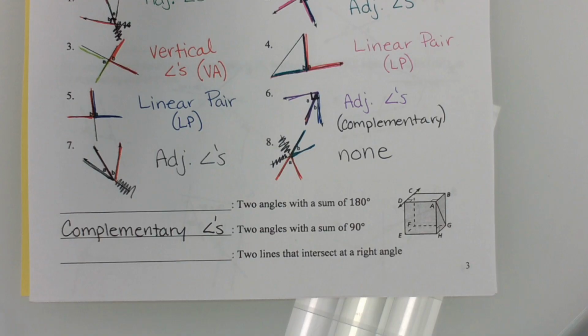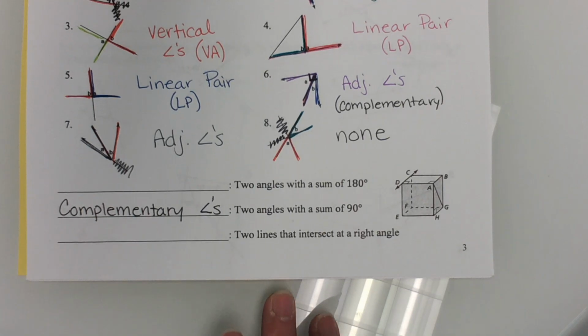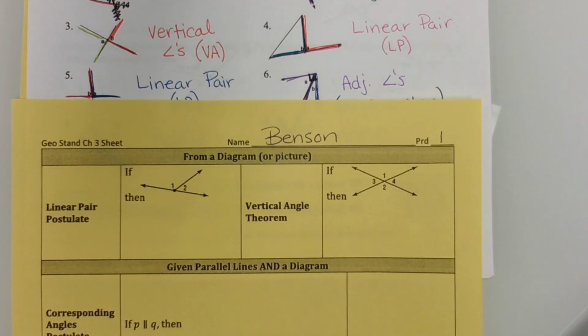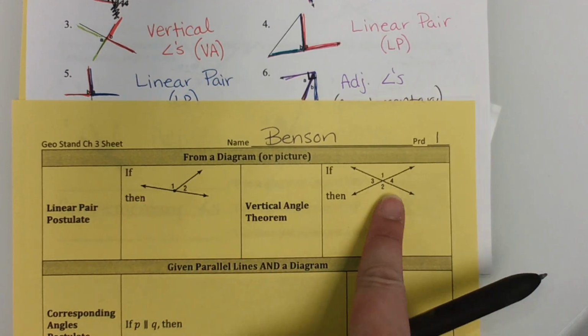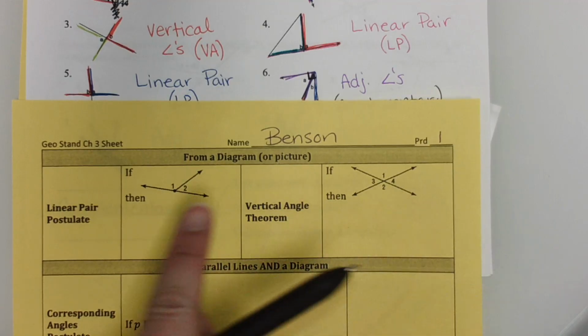Now, as you get further and further into this chapter, recognizing these angle pairs becomes kind of second nature for most people, just because we do it so often. But you will always have your postulate sheet that has the pictures on it that can help you out.